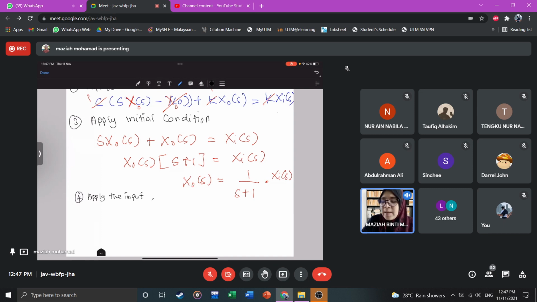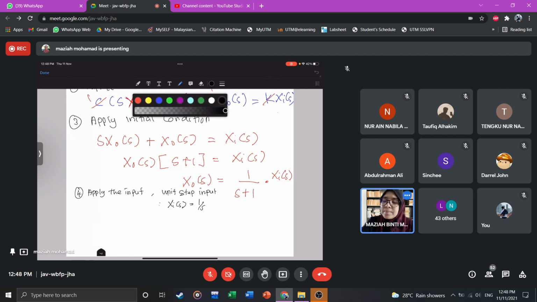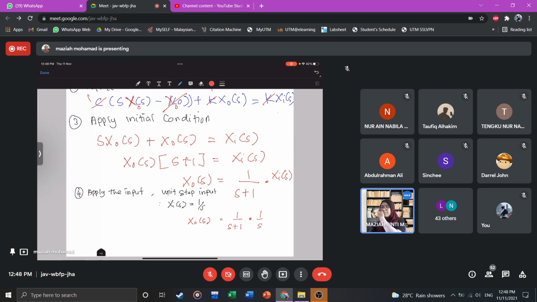The input is a unit step input, meaning Xi(s) is equal to 1 over s. Therefore, X naught(s) is equal to 1 over s plus 1 multiplied with 1 over s.